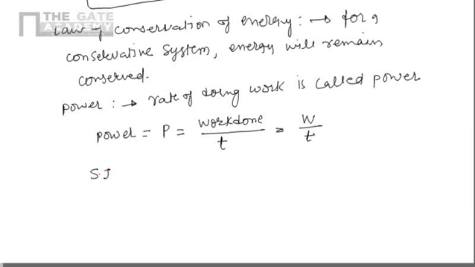The SI unit of power is watt, which is joule per second. Sometimes people also use different units of power, such as horsepower and kilowatt, to specify power.